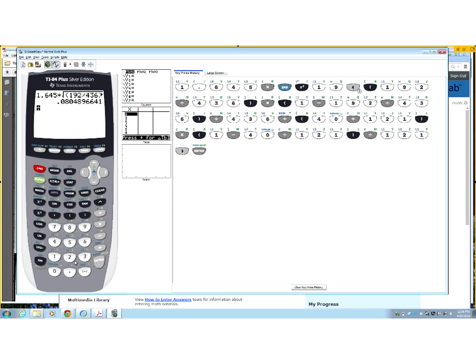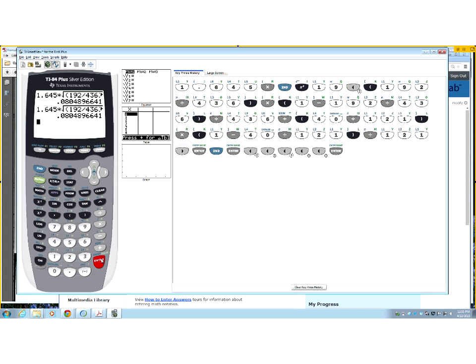Now, if you want to see what you just typed, I'm just going to go to second enter, and then you can scroll to the left or to the right if you want to go back and edit anything. But everything's in there. All right, so that's my margin of error. So it's a lot to type in.